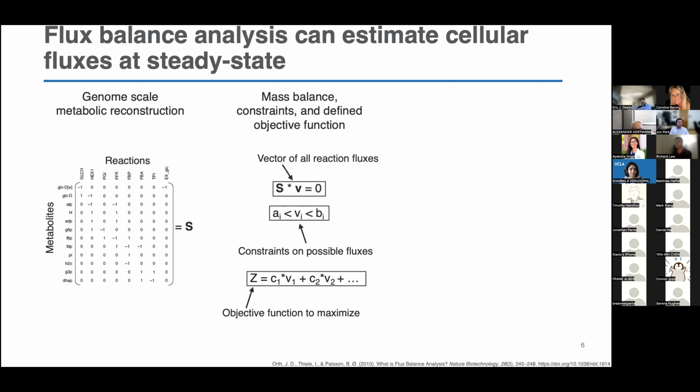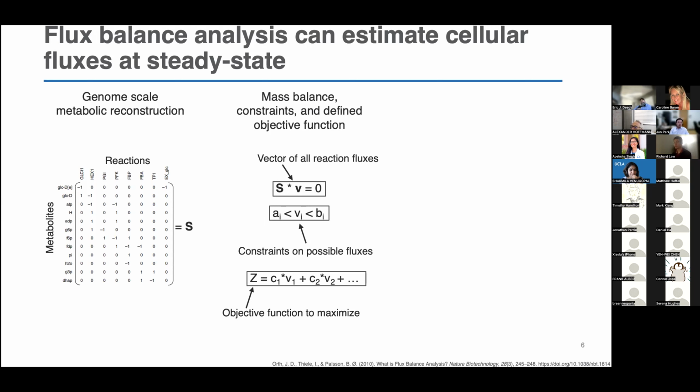From that genome scale model, you can then employ a couple of constraints such as mass balances, which dictates that at steady state growth, the product of the stoichiometric matrix by all of the reaction fluxes in the system should equal 0, which corresponds to no accumulation or depletion of metabolites in a steady state system.